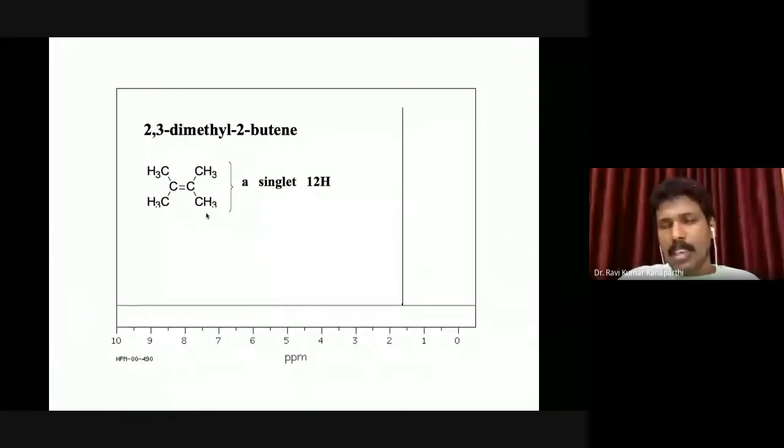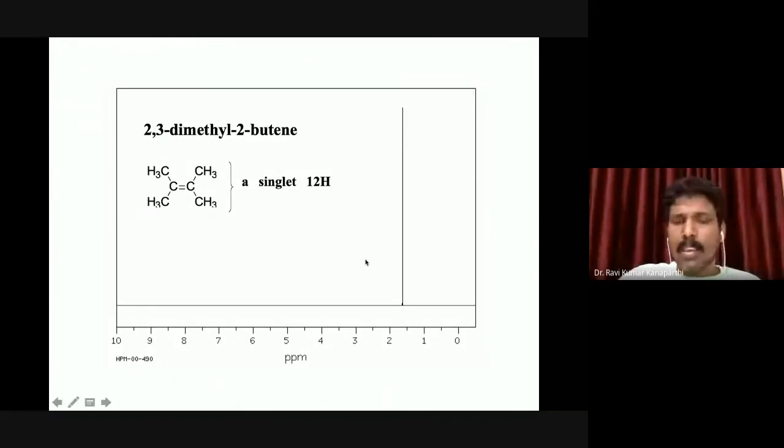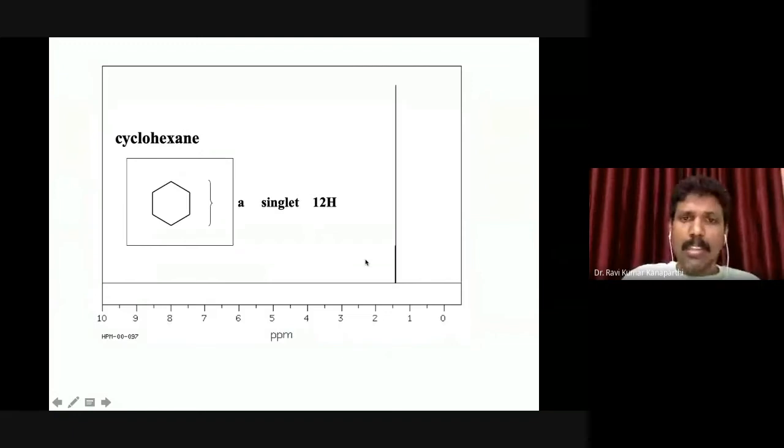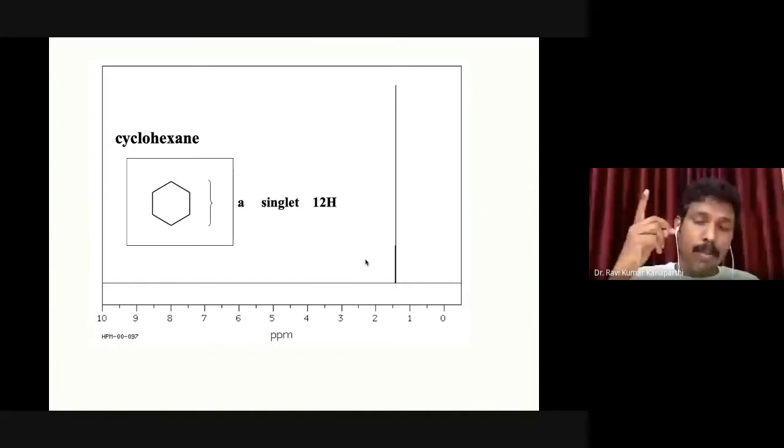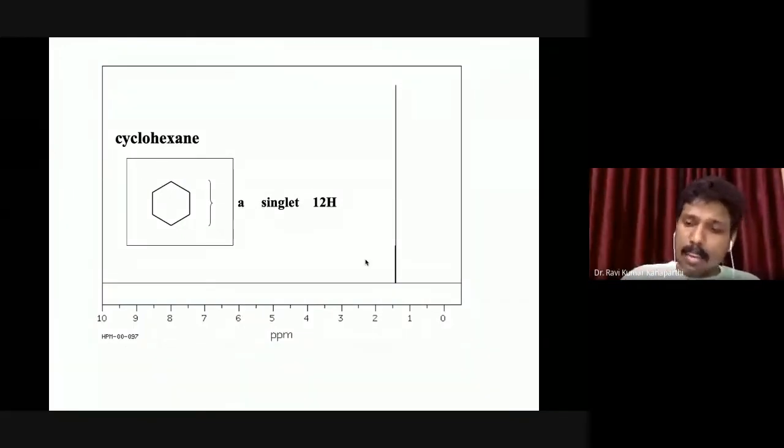Since they have the same chemical environment, they will resonate at one position, the 12 protons. I must also tell you that these are very important points, which are useful when you are going to determine the NMR spectrum and assign a molecular structure for a given NMR data.